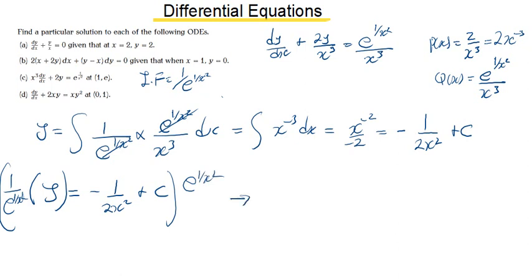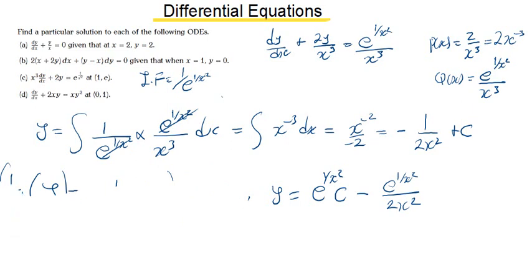This gives me y is equal to e to the power 1 over x squared times c, minus e to the power 1 over x squared divided by 2x squared. So that's the general solution.